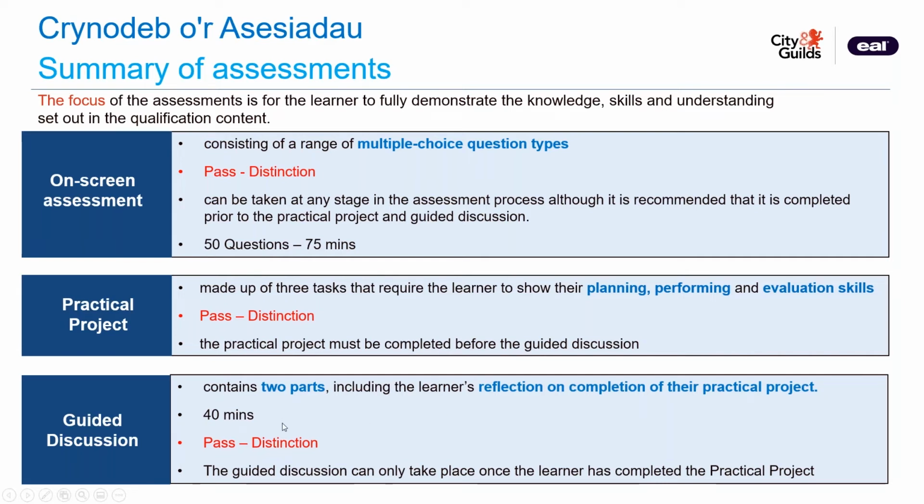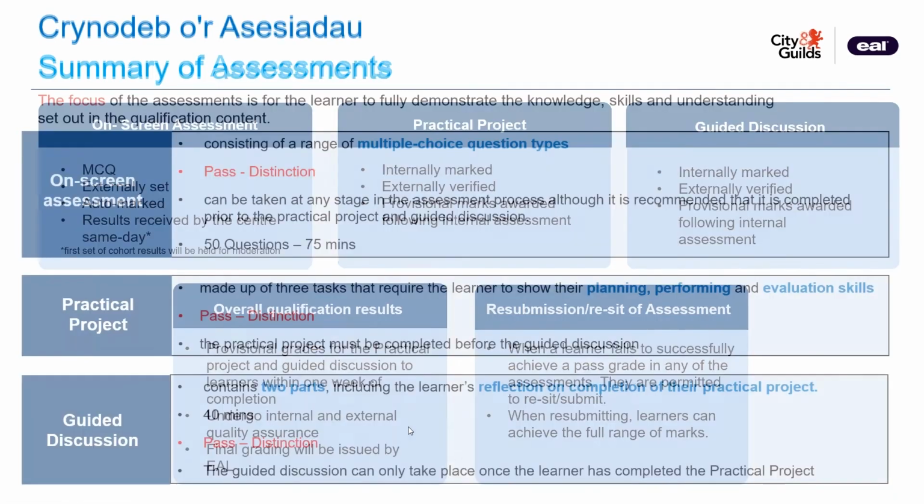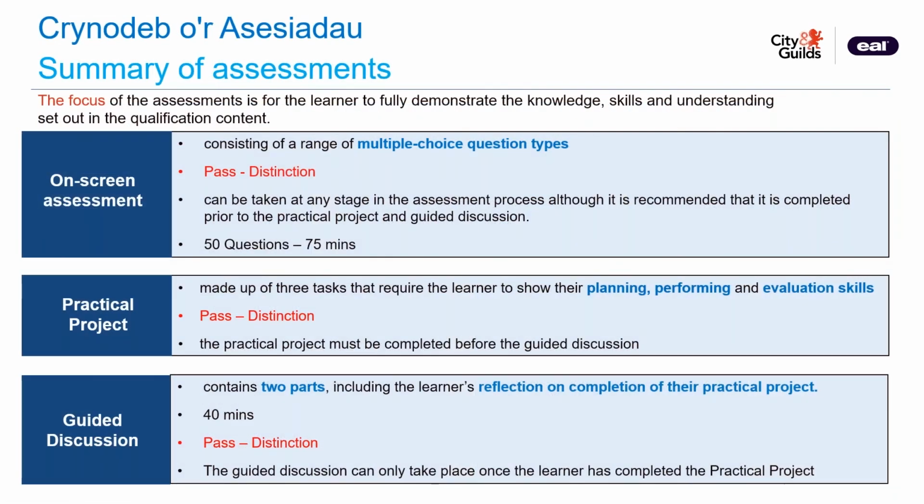There's 40 minutes for the guided discussion, and again that will be ranging from the pass through to distinction, and there's grading marks which you'll see in the documentation later on to come to those grades. The guided discussion can only take place once the learner has completed the practical project, so it can't be done before the practical project.